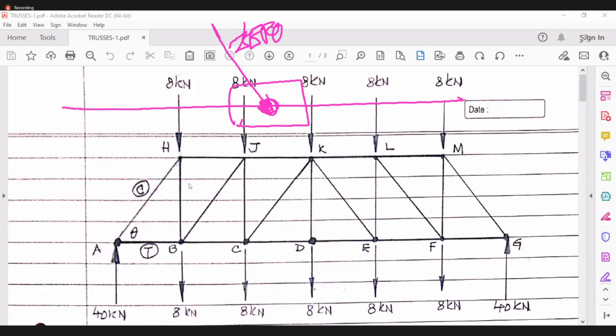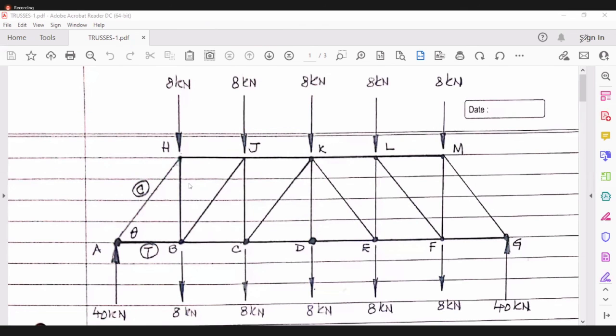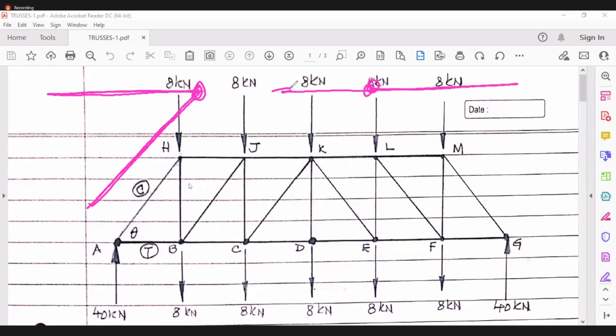Okay. Now again, if at a truss joint only 2 members are meeting, and the 2 members are not in a straight line, they may be like this also.